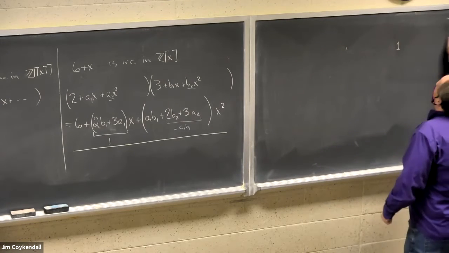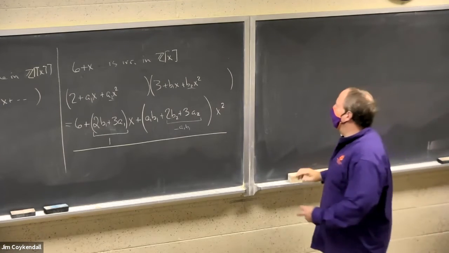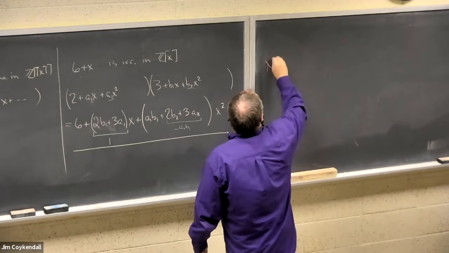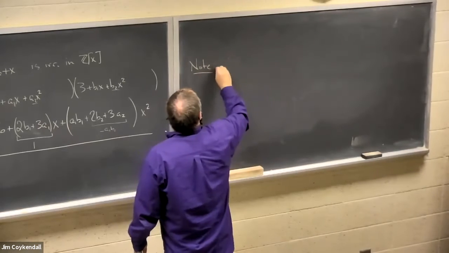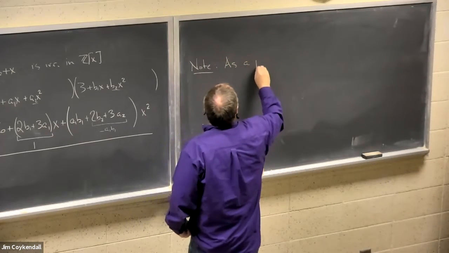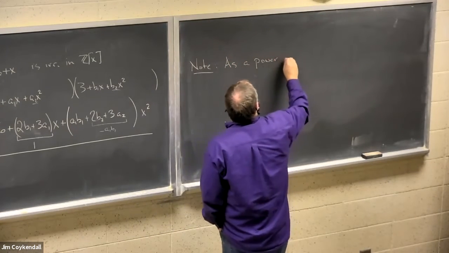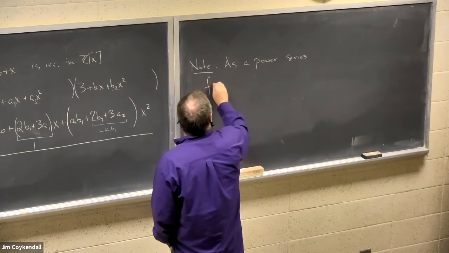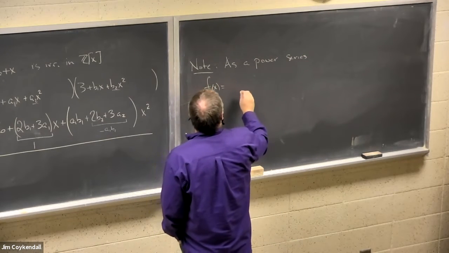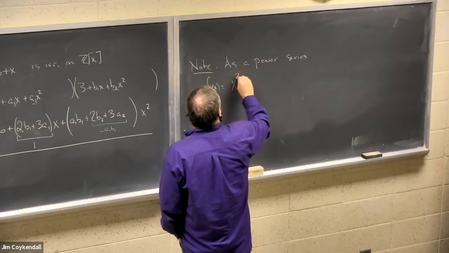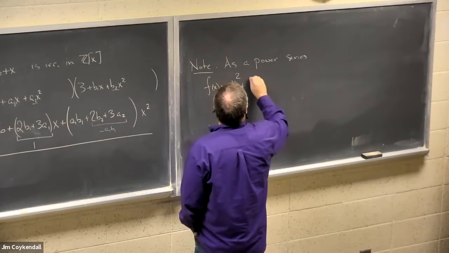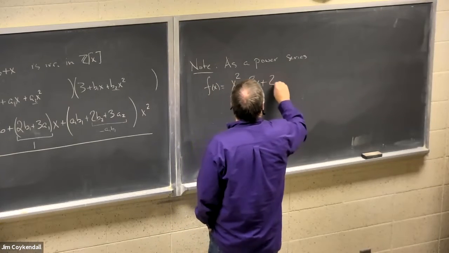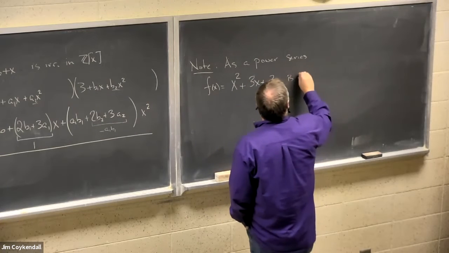Part C of the previous theorem is not true for polynomials, because now there is a power series f of x, which is x squared plus 3x plus 2, that is irreducible.